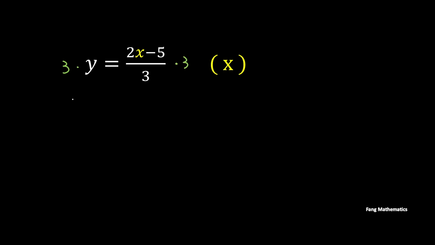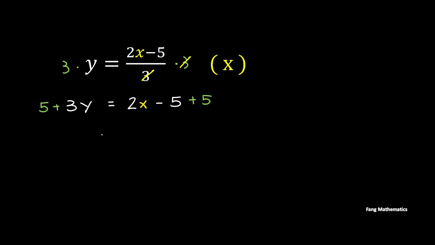On the left, you should have 3y, and on the right, your divide by 3 and multiply by 3 get eliminated, and whatever is on the numerator remains, 2x minus 5. And now, we would like to remove the minus 5. We are going to plus 5 to both sides of the equation.